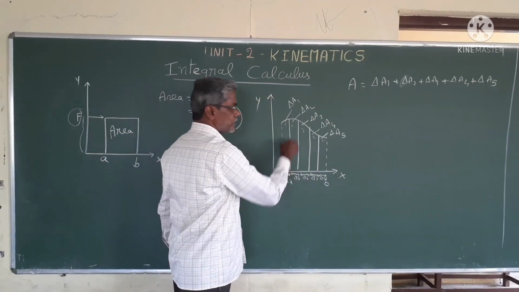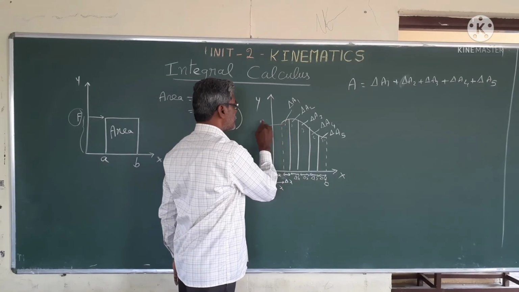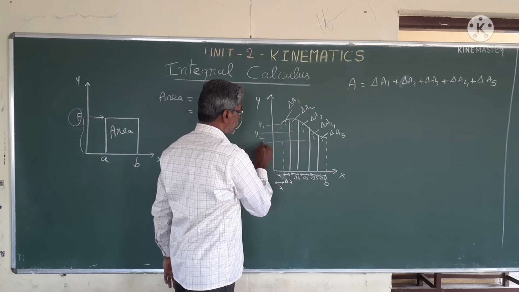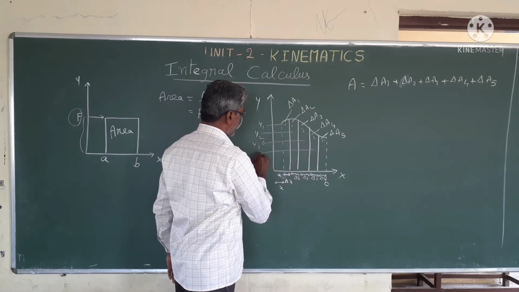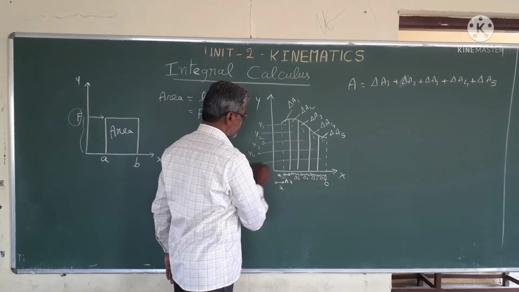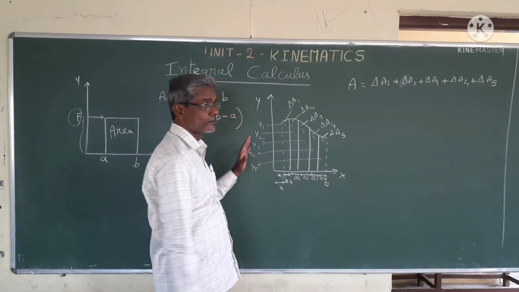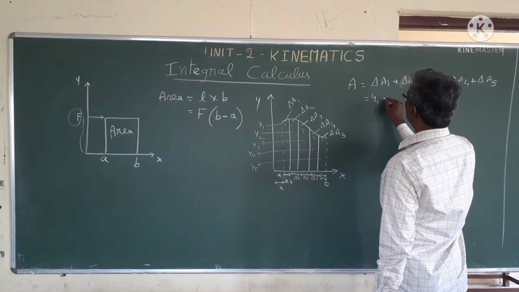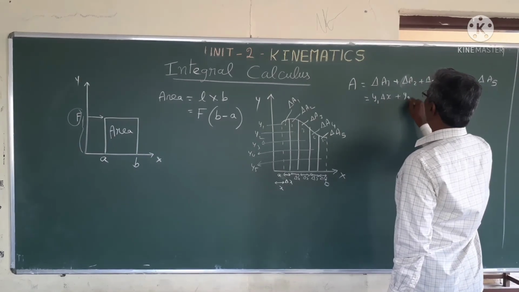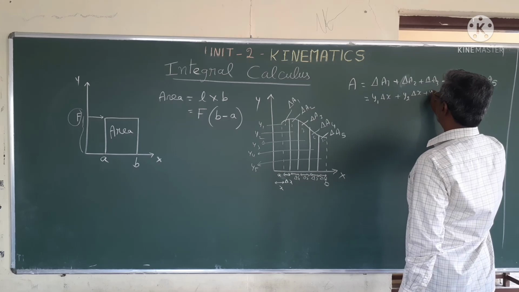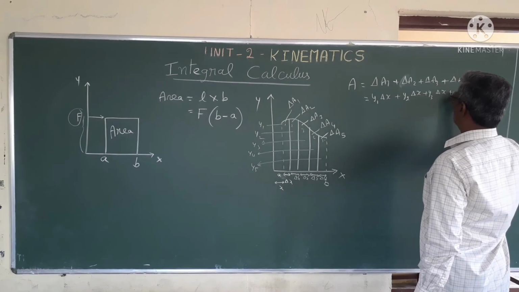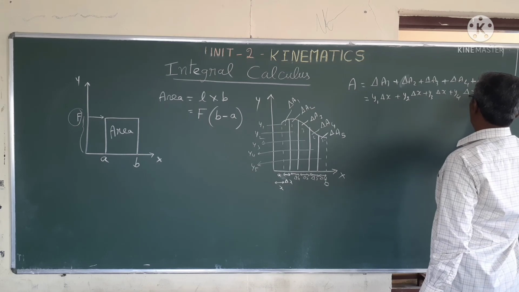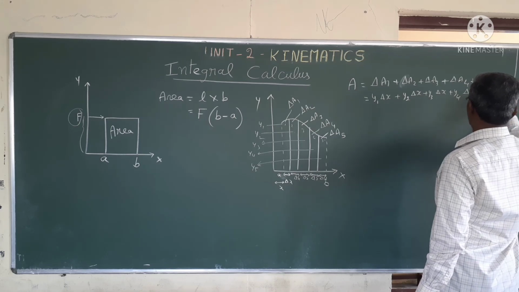For the first rectangle, let the length be y1, for this one y2, for this one y3, this one y4, and this one y5. So the area is y1 into delta x plus y2 into delta x plus y3 into delta x plus y4 into delta x plus y5 into delta x.